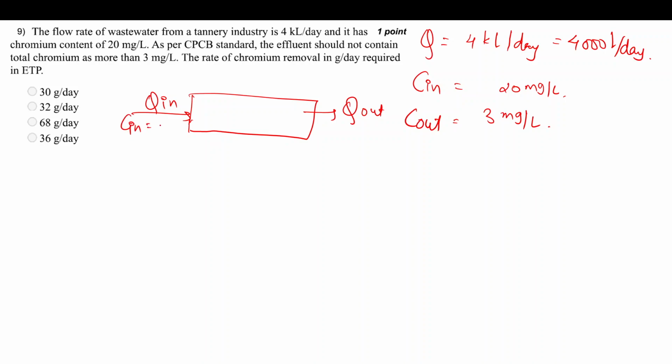Here C in is 20 mg per liter, and here C out is 3 milligrams per liter. And here you remove chromium by precipitation, which is usually in grams per day. How do you do that? This is a basic mass balance question.